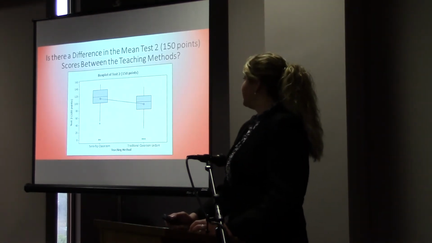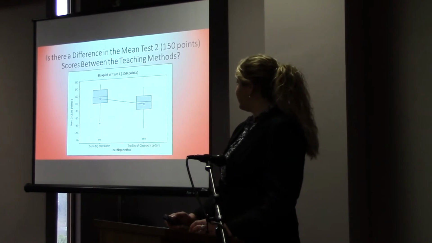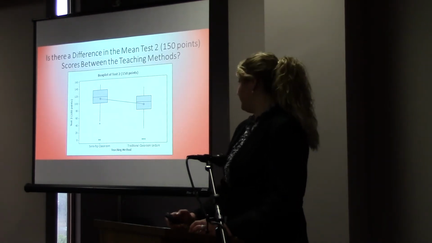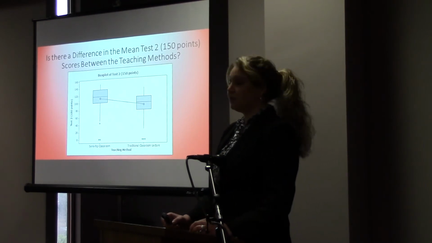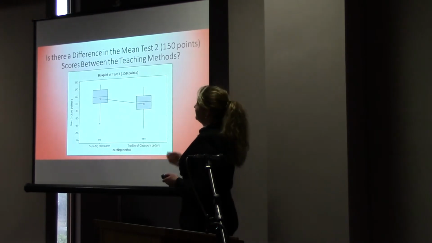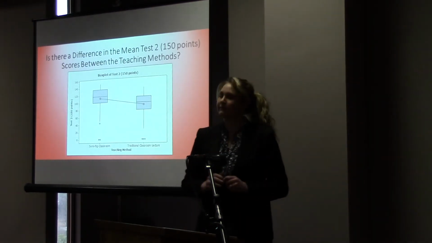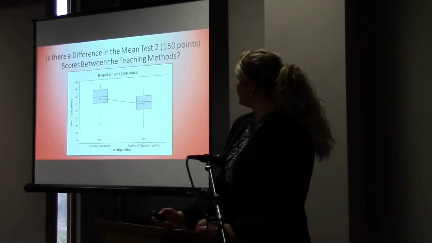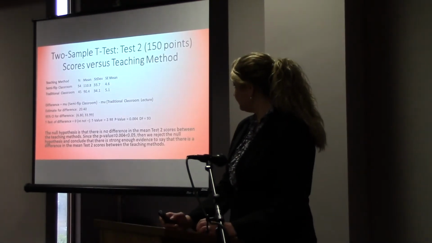For the box plot, as you can see, the semi-flip classroom mean for test 2 is actually higher, quite a bit higher than the traditional. We do have a few outliers, so of course that's going to mess with the mean there. But we look at the output for Minitab.